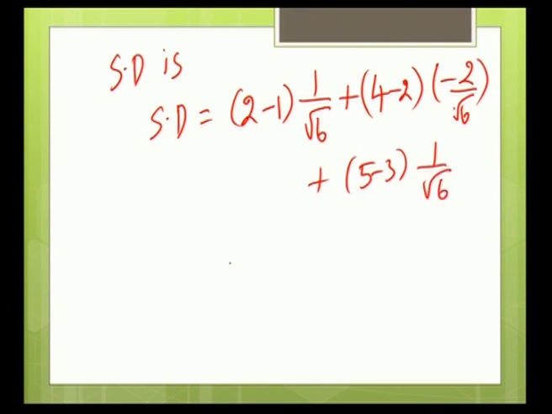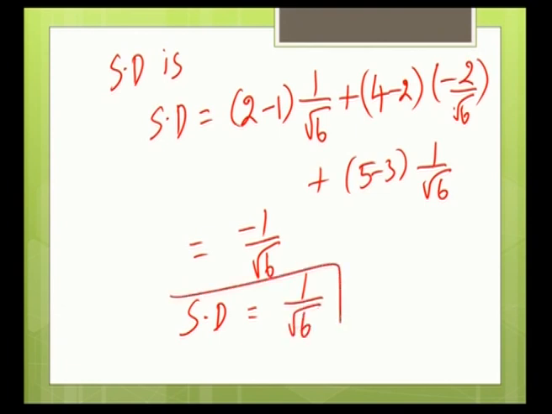Further simplification gives the value minus 1 by root 6. Let us take only the magnitude. So, the shortest distance between the two lines is 1 by root 6. This is the solution of the given problem.